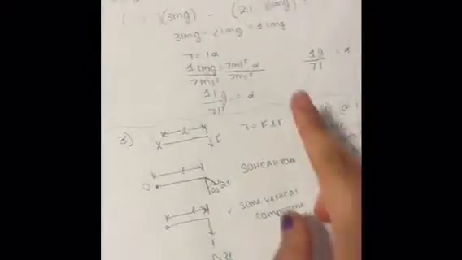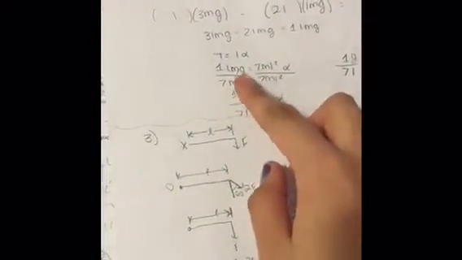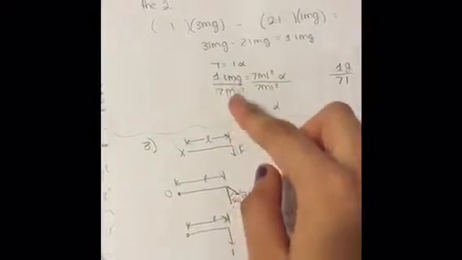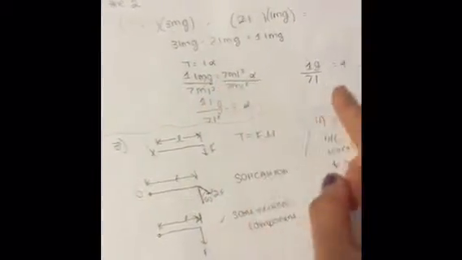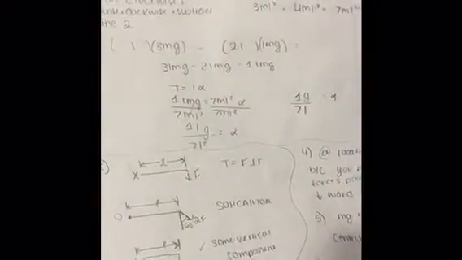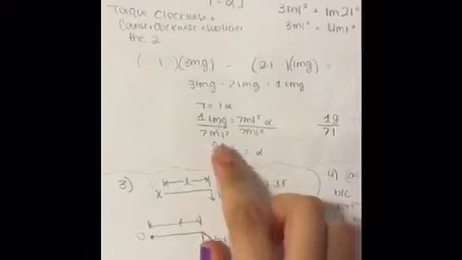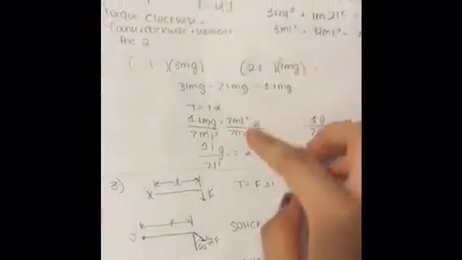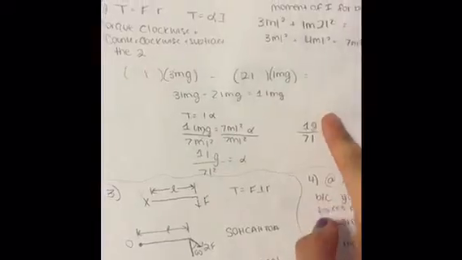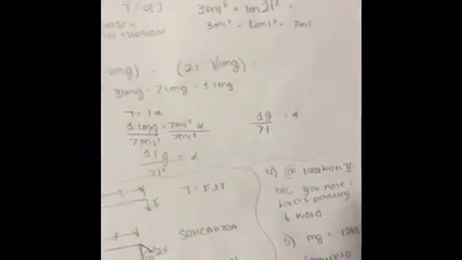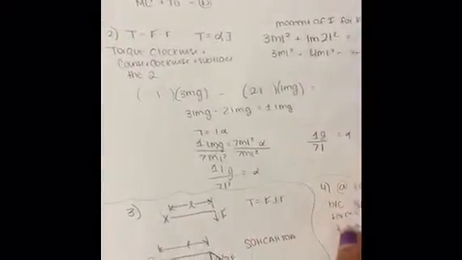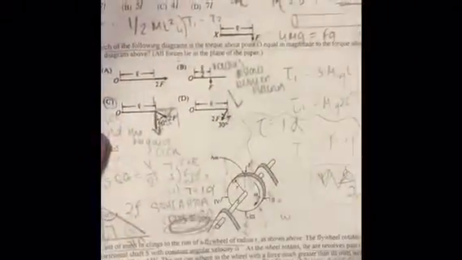So then you get 1 mg over 7 ml squared, because if you plug into the formula, that's just what you get. And then you end up getting 1 lg divided by 7 lg, and the l's cross out because there's 2 in the denominator, so you end up getting 1g over 7l is equal to the angular acceleration.